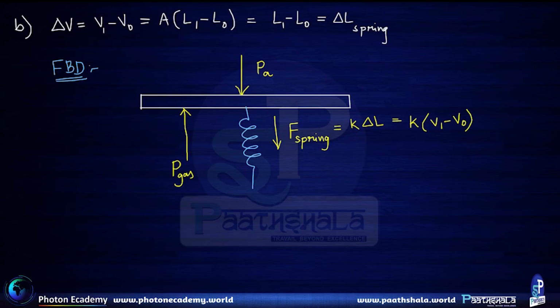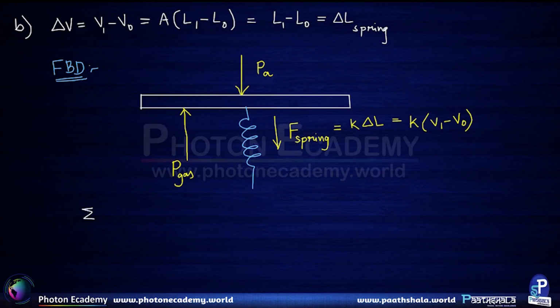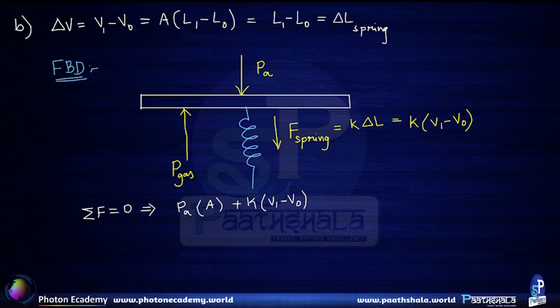The net force acting on the piston should be equal to 0, so sigma F should be equal to 0. So from this we can write PA into cross sectional area A plus spring force, which is K times V1 minus V0, minus pressure of gas into area of cross section should be equal to 0.